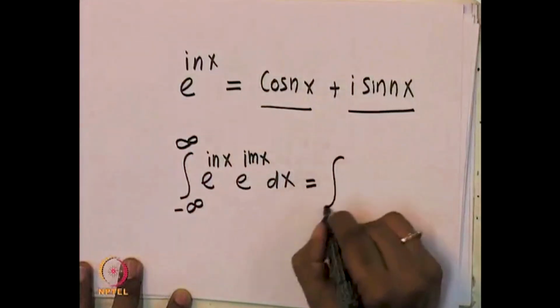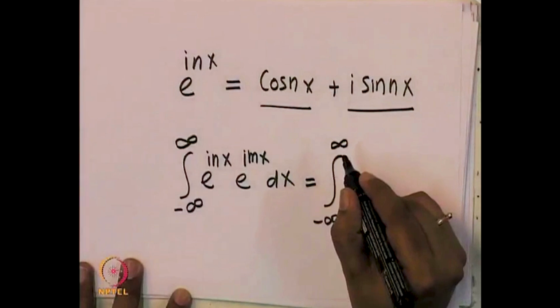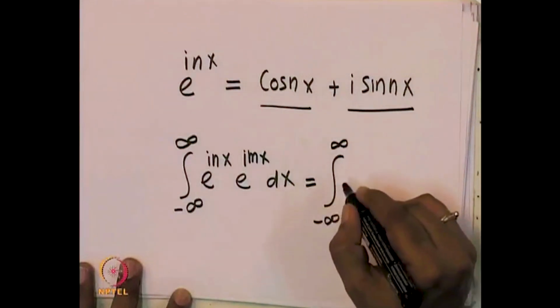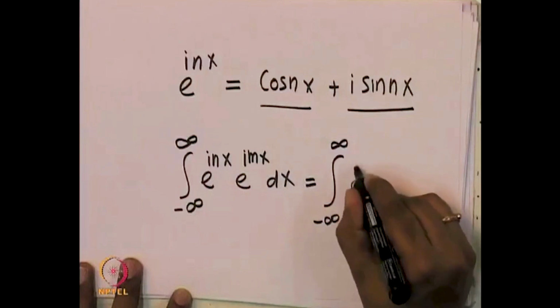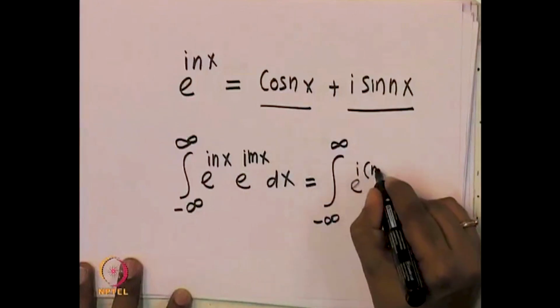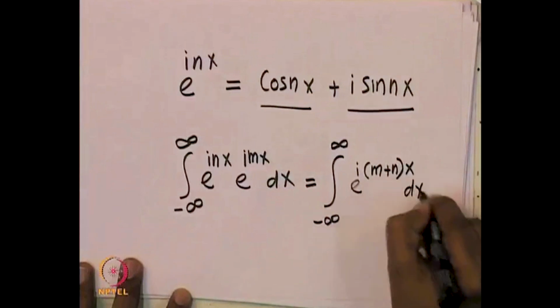This is basically the integral from minus infinity to infinity of e power i into n plus m, times x, dx.